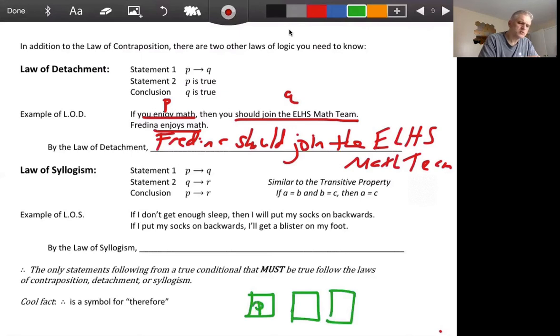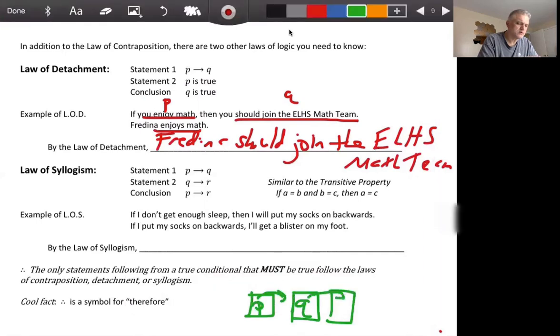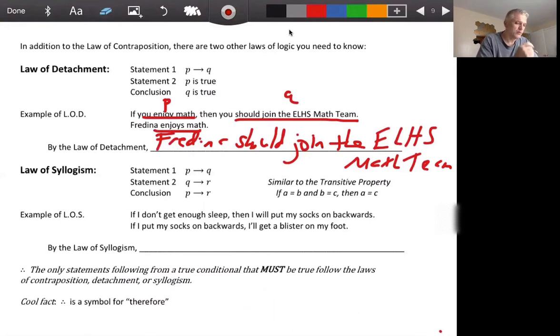So the first domino is P. If P is true, it's going to knock down Q. And if Q is true, it's going to knock down R. So all that's saying is if P gets knocked down, eventually R is going to get knocked down because you got these steps in the middle, or in this case, just Q in the middle, that is going to make it so that the first one causes the third one. Well, here's an example of the law of syllogism.